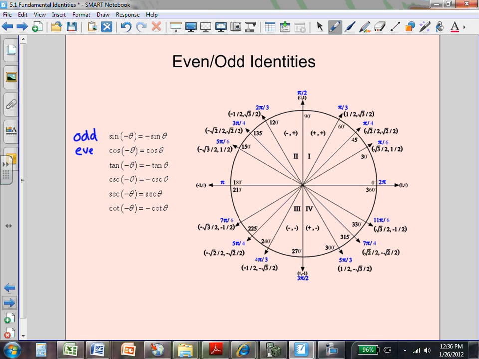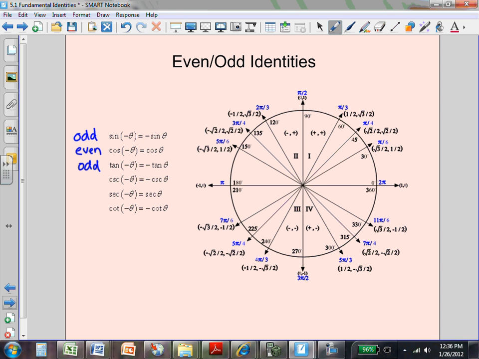It reflected over the y-axis, so it had even symmetry. And tangent also had that rotational symmetry, so it's also odd. Well, that tells us a lot about our x's and y's and what's opposite and what is the same. And I'll show you the rest of these identities and why they're true here on our unit circle.